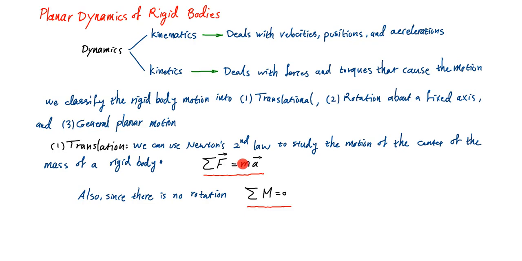This equation gives us the capability to find two unknowns by itself, and then we're going to have an extra equation for the moments that they should be zero. It means that we can afford having an extra unknown possibly in our problem when we are analyzing the translational motion of rigid bodies. Now let's take a look at an example, to see how this works.